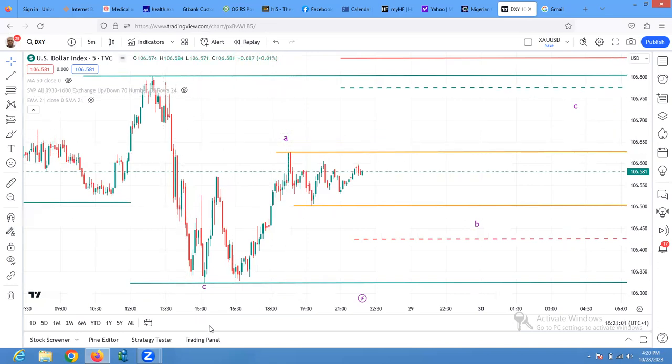Because this one came down as a C, so we have an A, B, and a C to finish an A wave here. So that's a triad on the 5 minutes time frame. So here, doing a B wave, we are seeing like a 3 wave, 1, 2, 3. So this might be a 3 wave, this might be an X. So this X, there's going to be a B wave here.